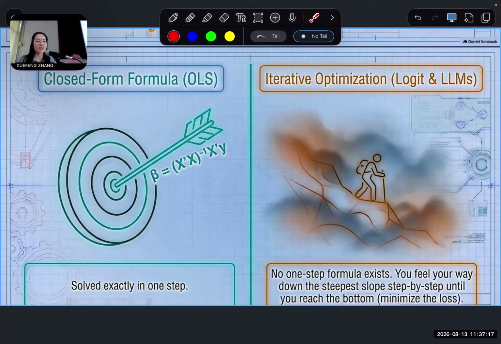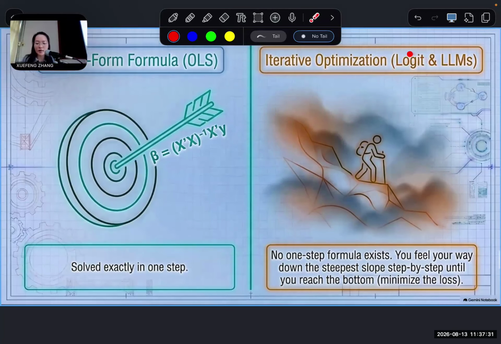This is the closed form for OLS, just like we have the right target, like this bull's eye. But on the right, for logit or LLMs, no such shortcut exists. So later, we're going to use maximum likelihood estimation. Basically, we want to maximize the probability of the observed y.